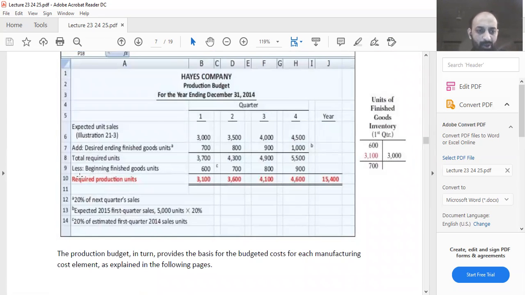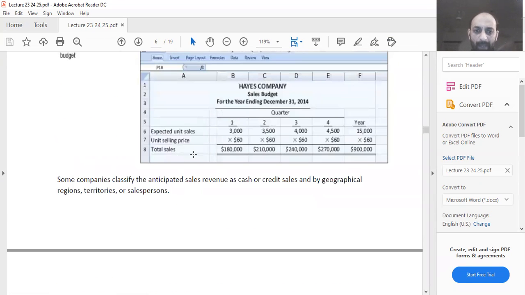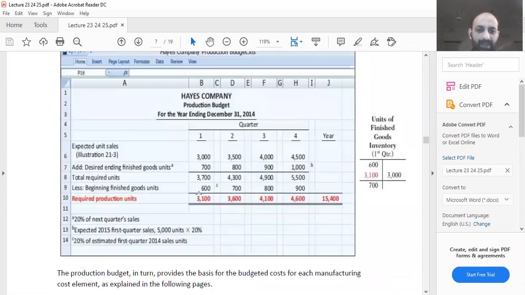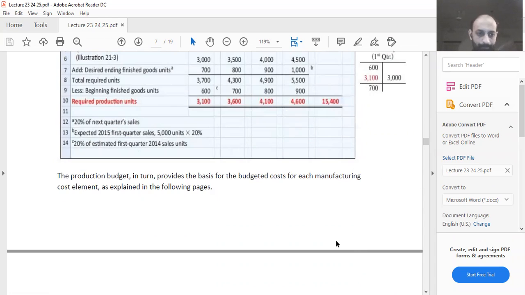And when we talk about beginning finished goods unit, so this 600 first figure, how do you get it? It is the 20% of estimated first quarter 2014 sales unit. 2014 sales unit आपके first quarter का 3000 था, so इसका जो 20% when you calculate, that will give you 600. So this way you get the required production units for each quarter and for the whole year.